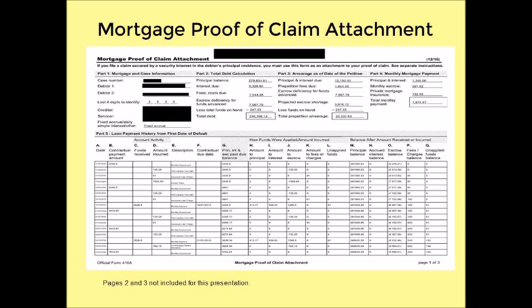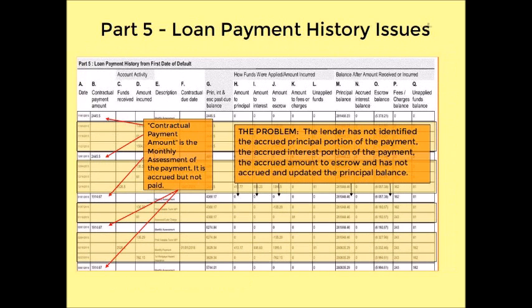But a really important section of this form is part 5, and it seems to be the one that lenders have the most difficulty with. We'll go into a little bit of detail on that on the next slides. So the loan payment history issues slide really refers to part 5 of the form. There's a lot of confusion over this for lenders.